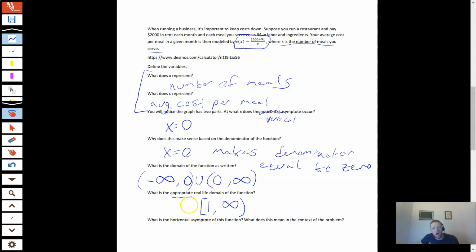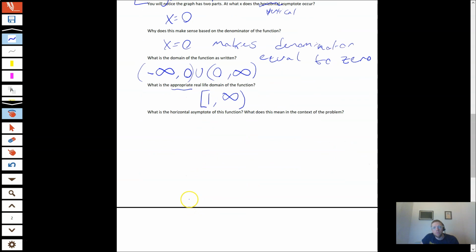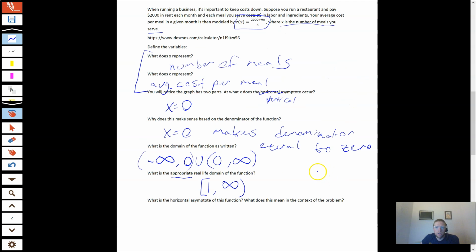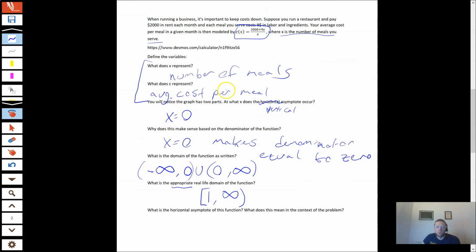Okay, now, last one. What is the horizontal asymptote? And I meant to say that this time. And what does this mean in the context of the problem? Okay, so this one's hard to see from the graph necessarily. So we'll use the rule. And remember, the rule has 3 cases.